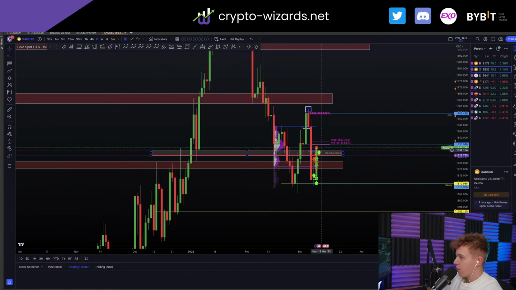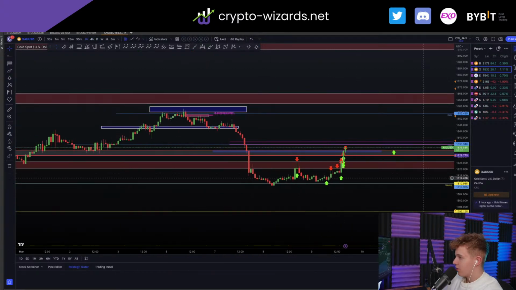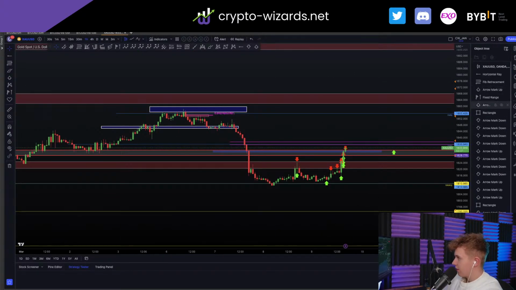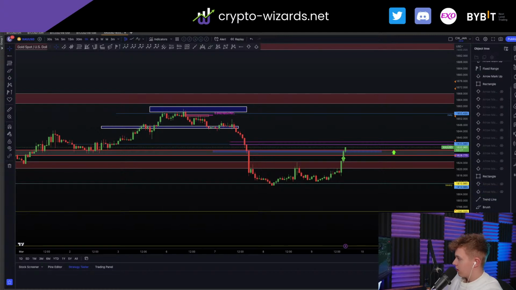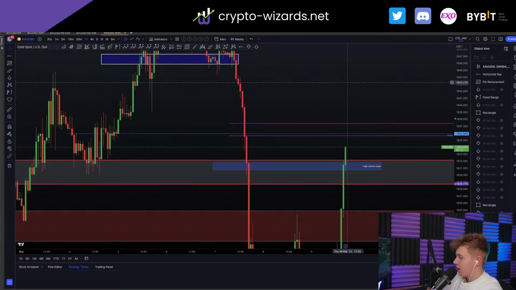It can still overrun this resistance, to be fair. It's not an exact level, it's kind of a zone. It's taken on a 4-hour chart, and gold can reject pretty quickly out of this 4-hour chart. I'm marking these arrows for you to see the structure correctly; I don't use this normally in my trading.